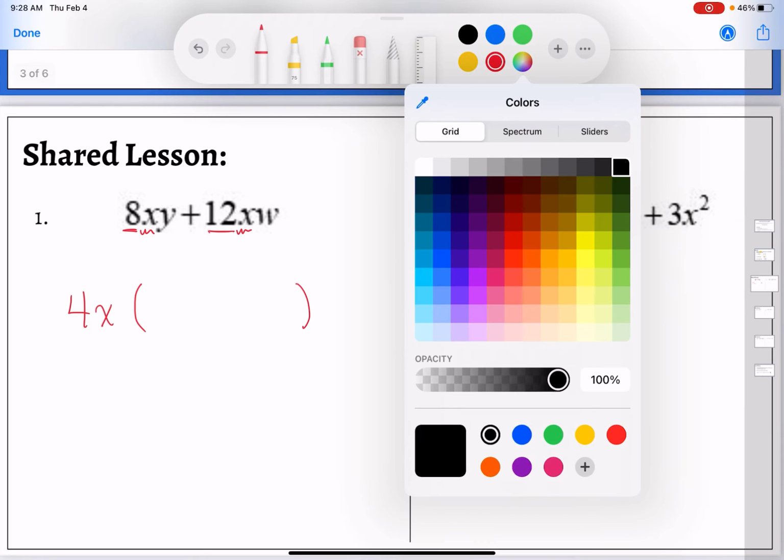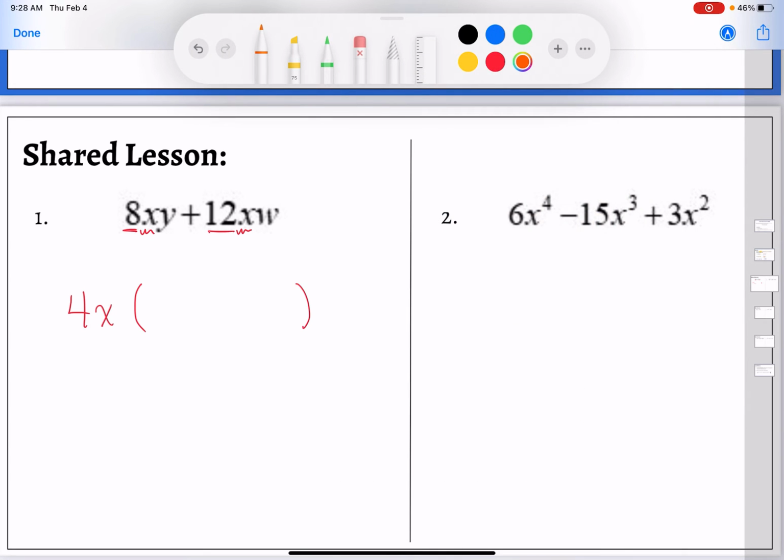So this is where we start our journey of actually factoring. We're going to break it into the things that would multiply together to give me my original polynomial. So if we think about this, what would I have to multiply 4x by to give me 8xy? Well, I'd have to multiply 4 times 2 and I'd have to multiply by a y to get that to be part of my answer, right?